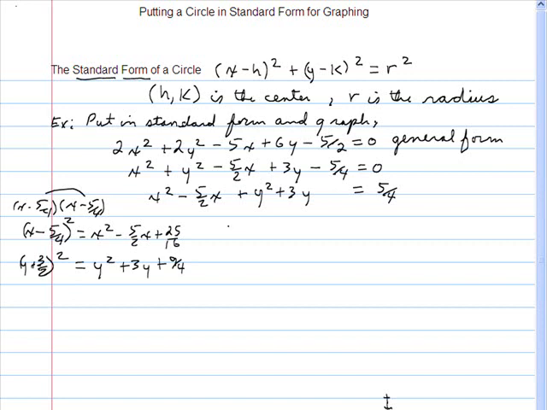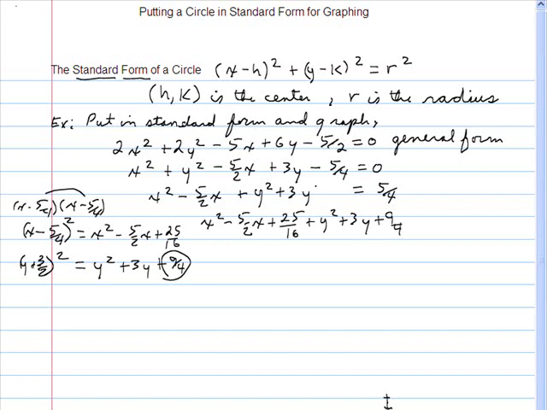So what I'm going to do now is rewrite this as a perfect square. Instead of just x squared minus 5 halves x, to get my perfect square I'll say plus 25 sixteenths. And to get my perfect square in y, I'll say y squared plus 3y, but then I'll have to add that 9 fourths.